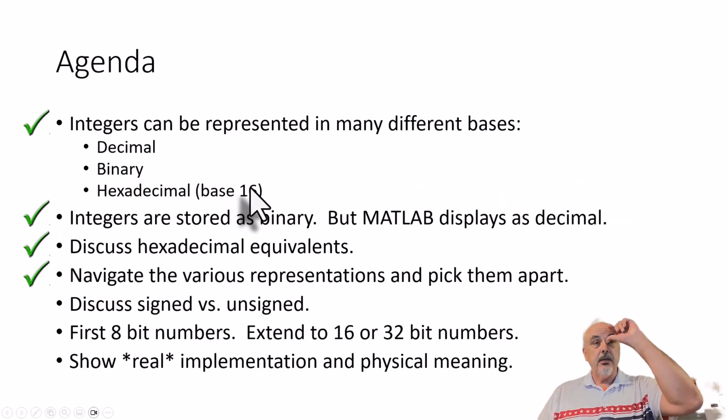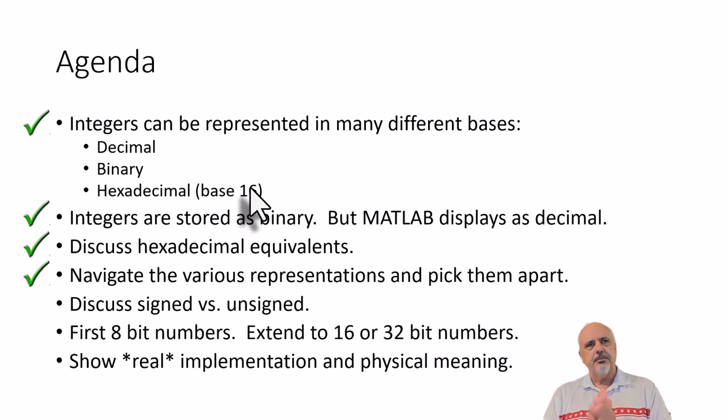Okay, so we've done a lot here. We've talked about integers, how they're stored as binary, discussed hexadecimal equivalents, and then we went back and forth between the various representations. Now I want to talk about signed versus unsigned.